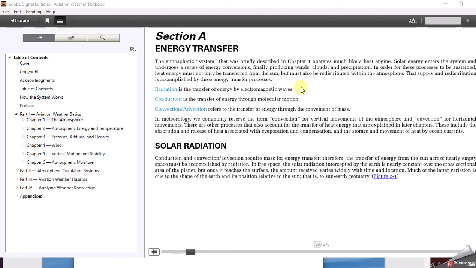Advection is very simply when things are moved along to transfer energy. Say you wanted to warm a surface, and let's say you had a frozen water pipe. What do you do? You turn on a blow dryer to heat that water pipe.